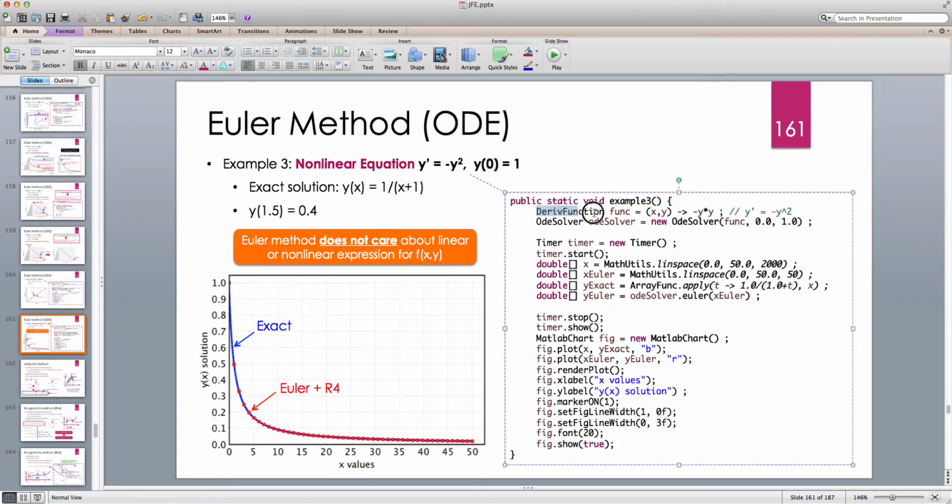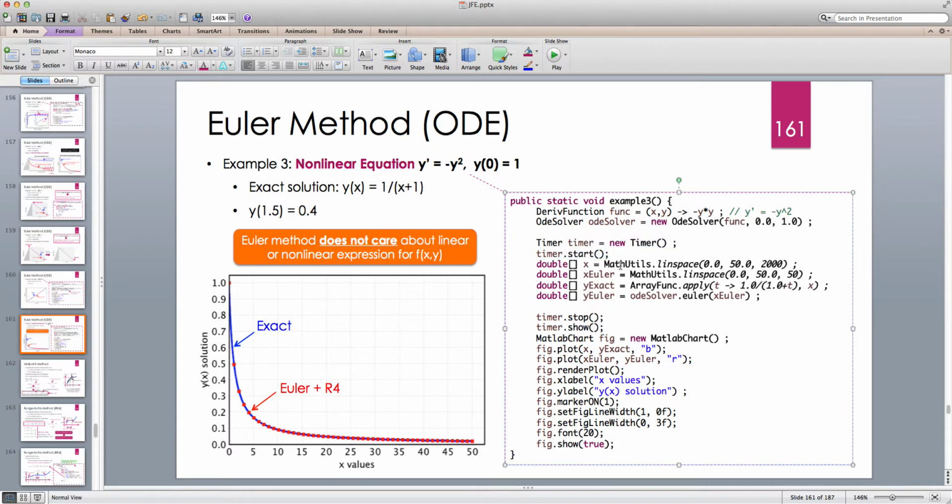So we define our f of x and y, which defines the derivative function or y prime. X and y goes to minus y squared, and then we create our ODE solver, passing the function, the initial point x equals 0, initial condition y equals 1, basically y of 0 is 1, and then set up a timer.